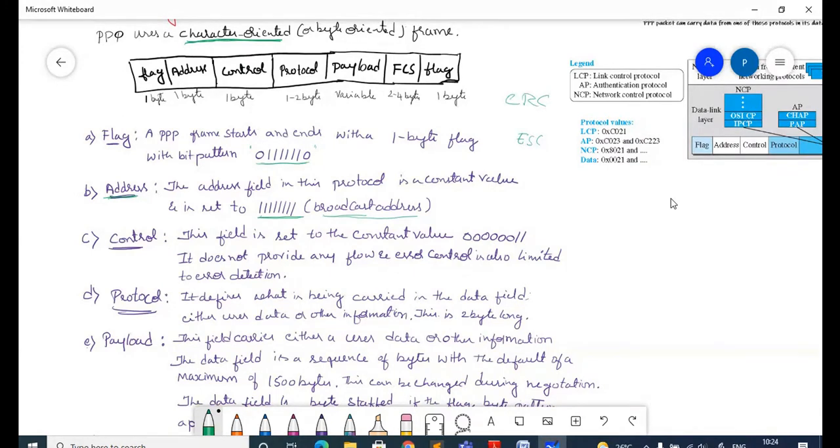So the protocol just tells the type of information that is present in the payload. The length of this protocol field may vary from 1 to 2 bytes. Don't worry if you still have questions; we are going to discuss a particular frame structure. There are different frame structures with respect to the point-to-point protocol. There we'll go in detail and understand how this protocol information is represented.